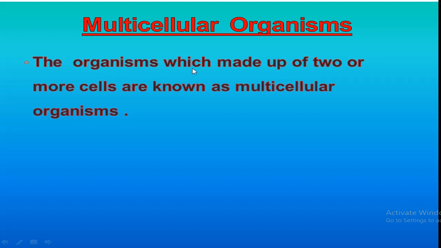If an organism composed of a single cell is a unicellular organism, some organisms are composed of 2 or more cells. Such organisms are known as multicellular organism.